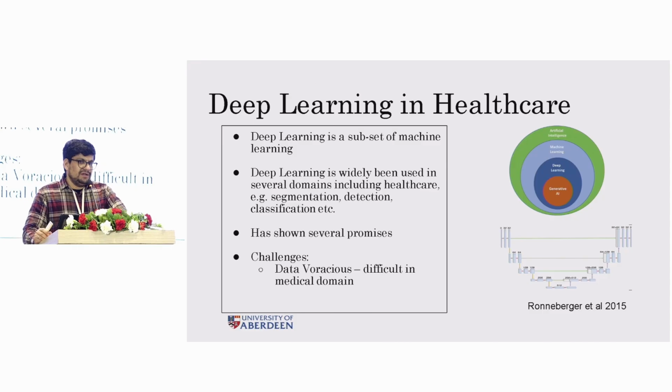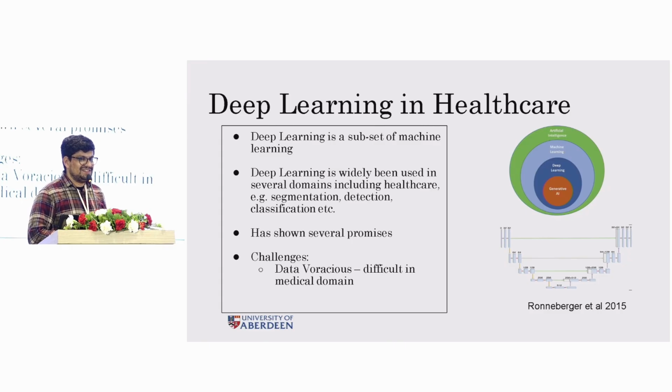Then there is something called deep learning. How many of you haven't heard about deep learning yet? Many of you have already heard about it, right? It's so popular now, a kind of buzzword in every domain. So what is deep learning?